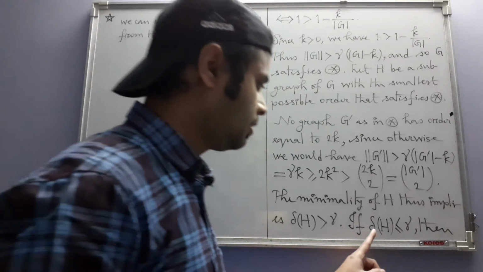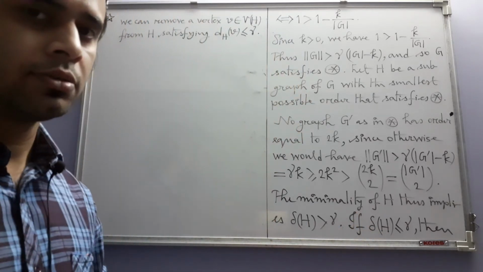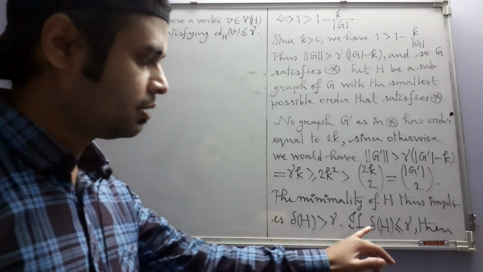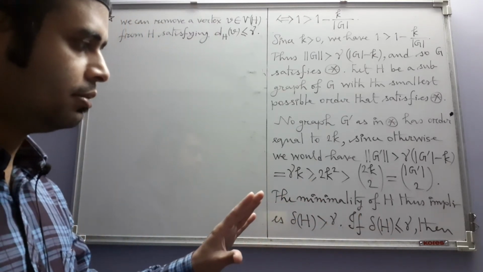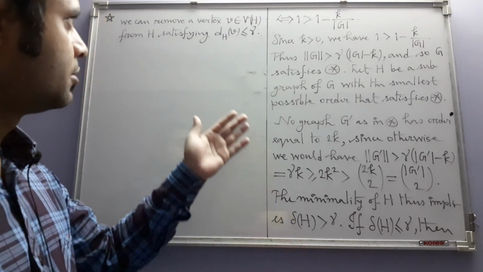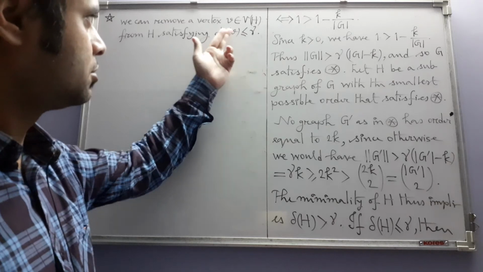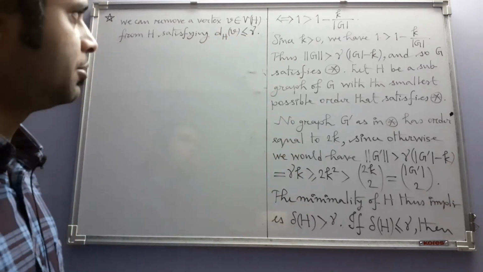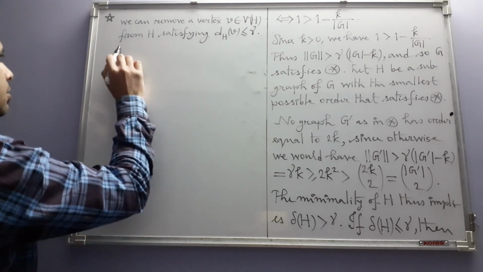You see, if the minimum degree of H is less than or equal to gamma, that means H has some vertex whose degree is that minimum degree. So such a vertex can be chosen in H whose degree is less than or equal to gamma.